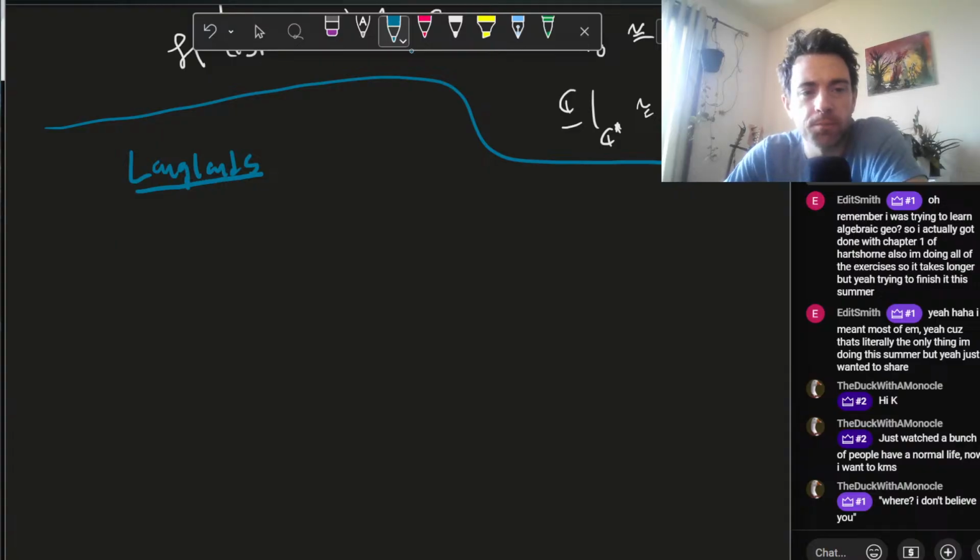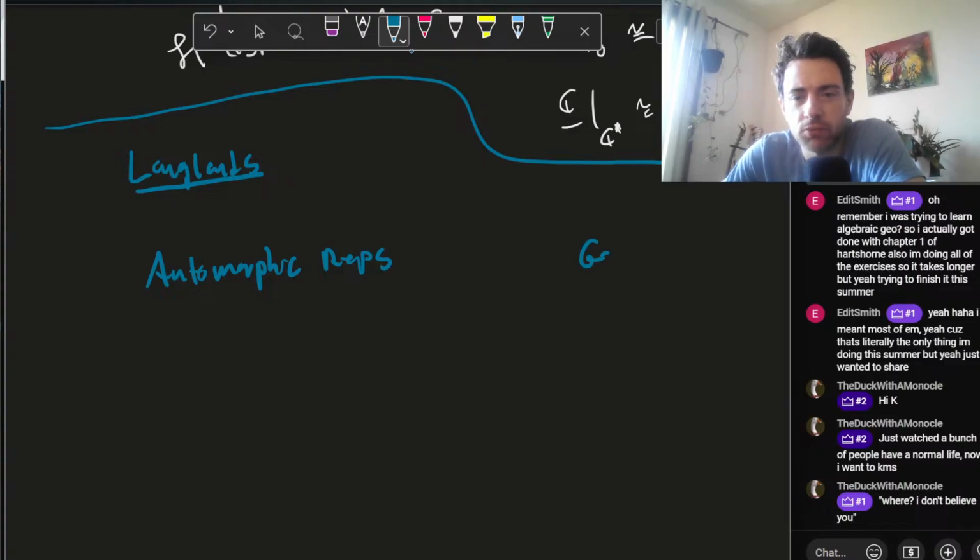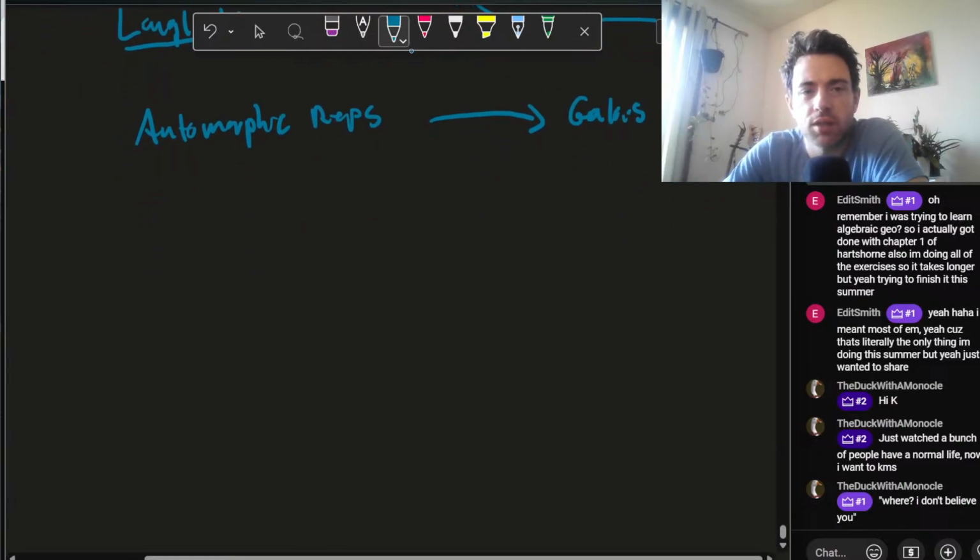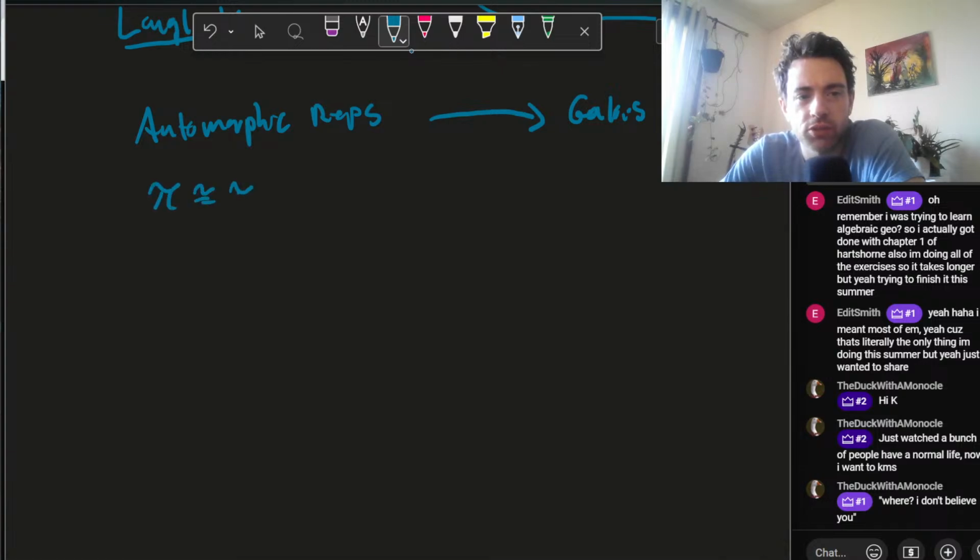Right at the global level, we've got automorphic representations, and we've got Galois representations, and we've got this bridge between them. And then at the local level, we know an automorphic representation, whatever that is, breaks up as a tensor product.